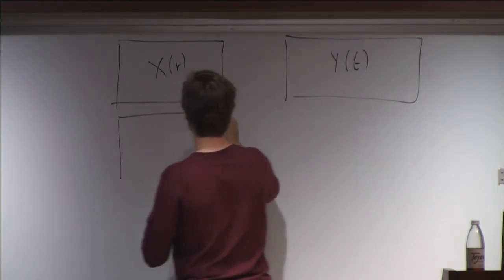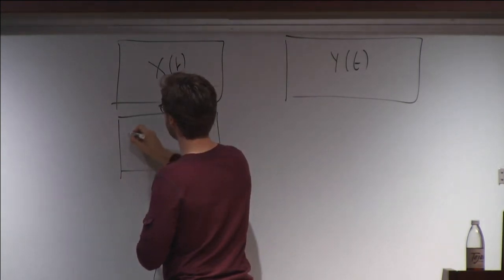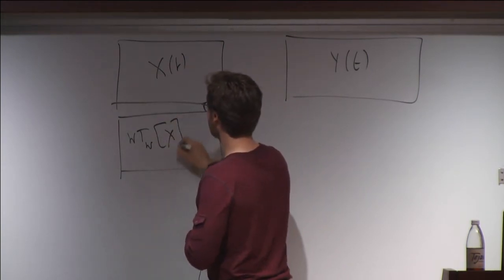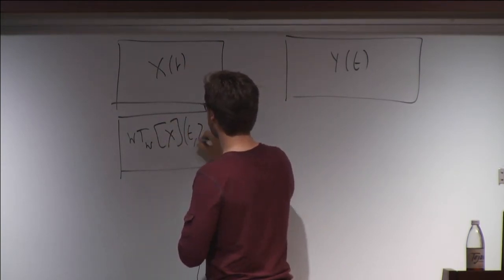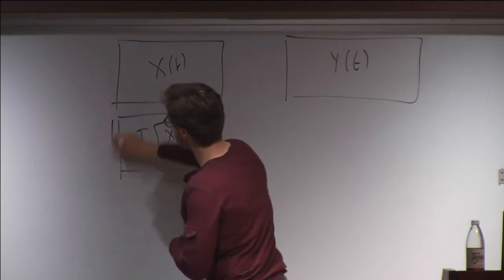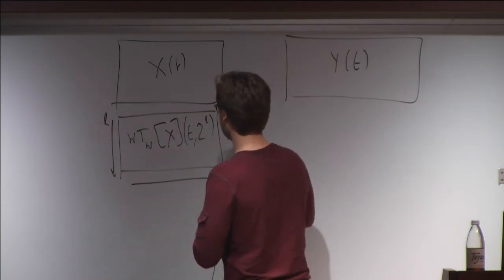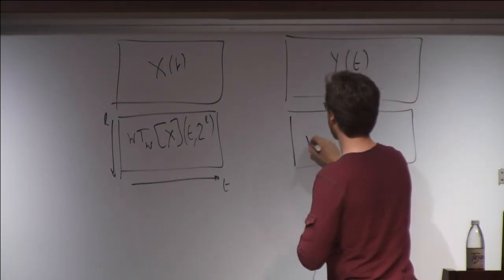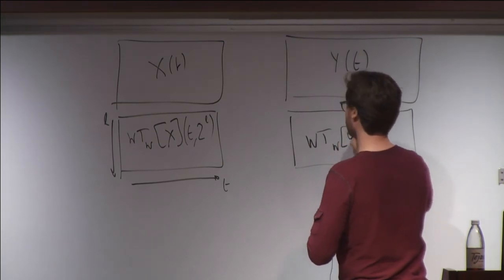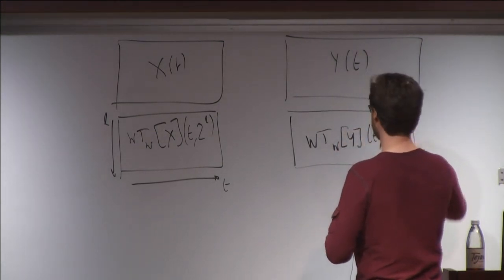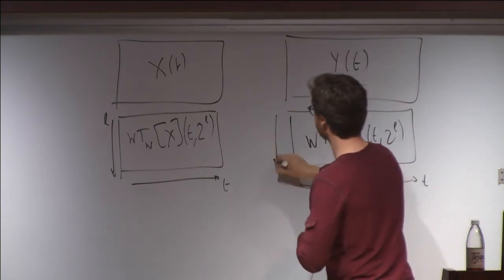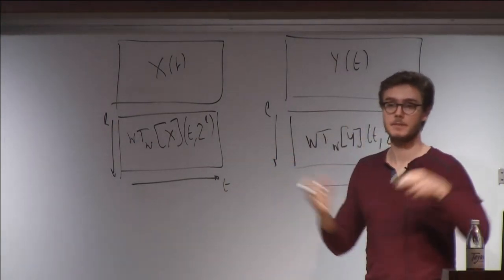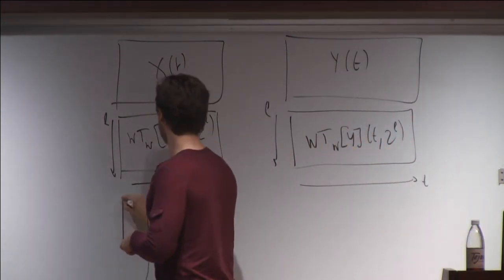Here I represent the wavelet transform with respect to a certain w of x at t and a certain scale 2 to the power of L. So L goes like this and t goes like this. Okay? Same thing here. Then, so this is an image, okay? It's a 2D matrix.